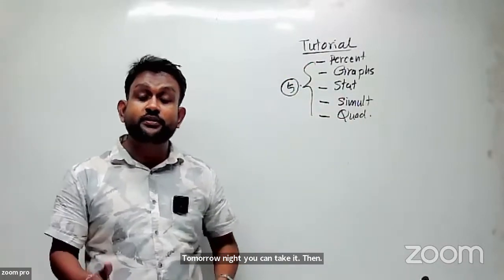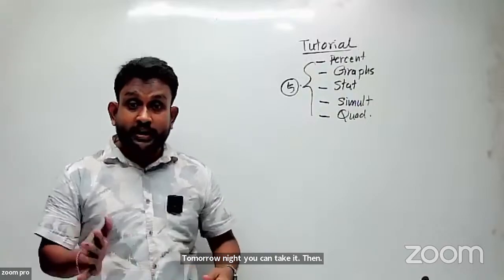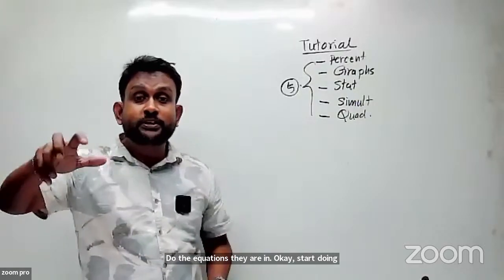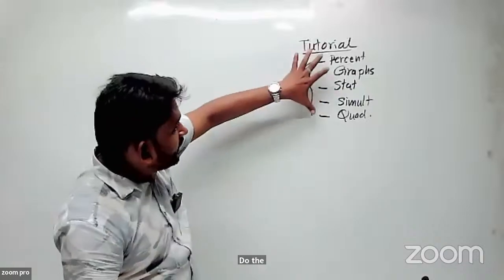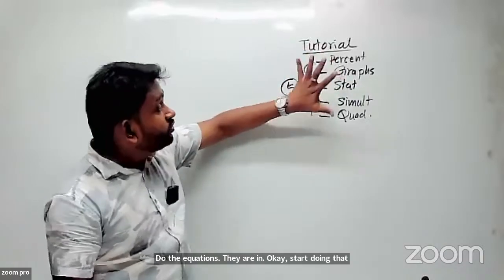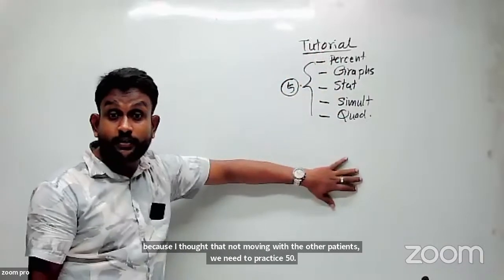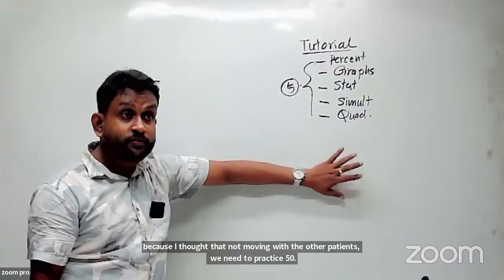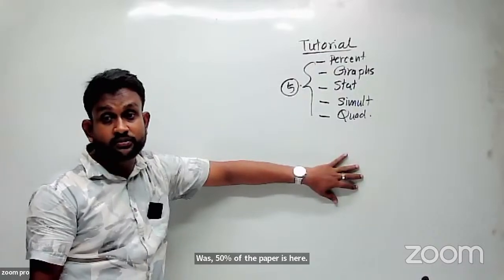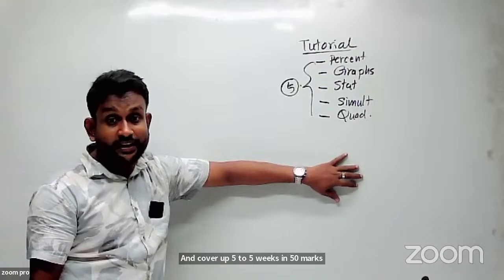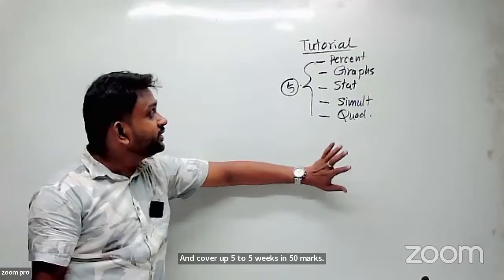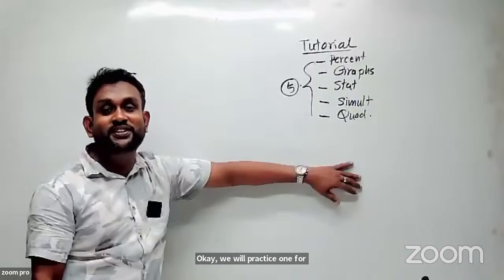Start doing those questions, because we need to practice 50% here, as 50% of the paper is here. You can cover five questions, totally 50 marks. We will practice that for a few sessions, then you will be in a good position, right?